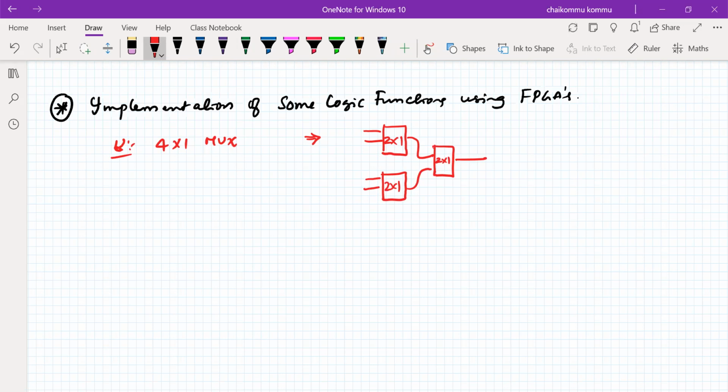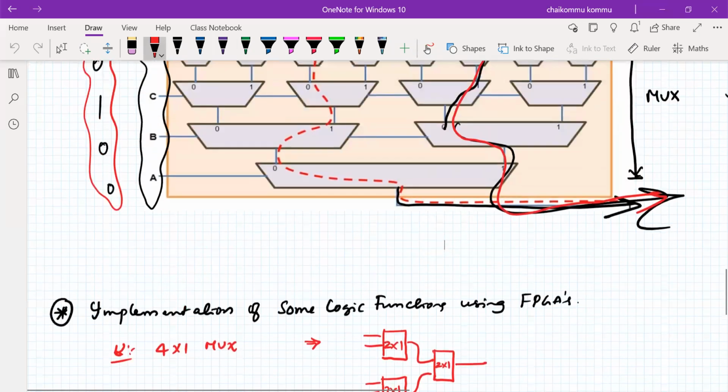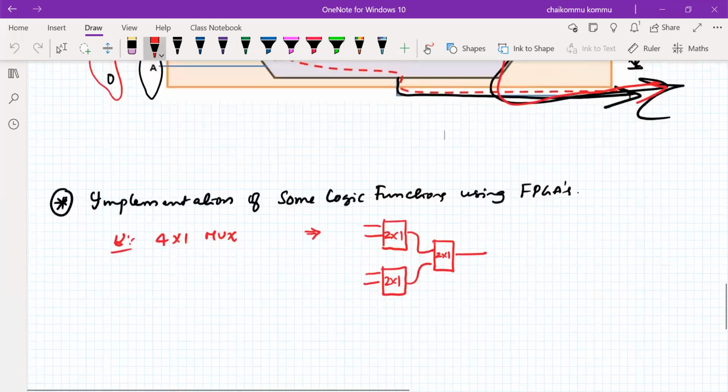Assume that 4 input lookup tables are available, something like this.